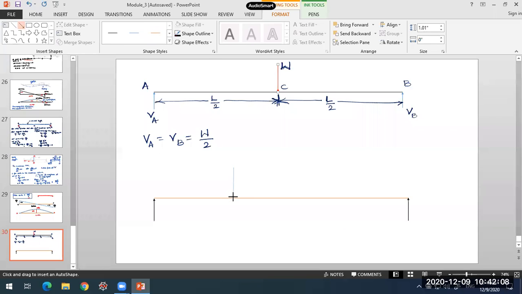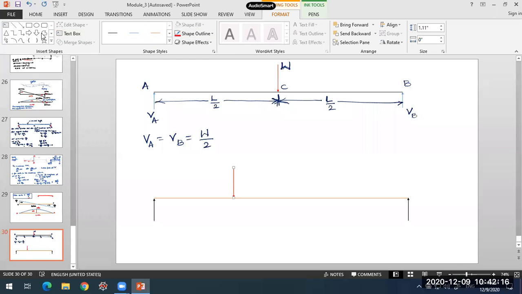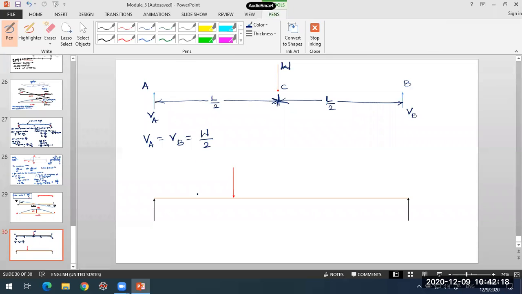I'll give you these two standard cases as your assignment. In this case, this is distance A. The load is not placed at the center. Please work on the first one; later you can look into the second problem.